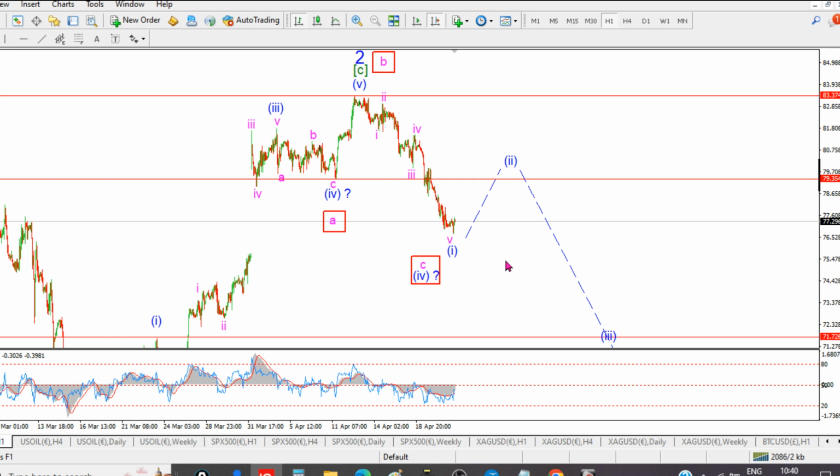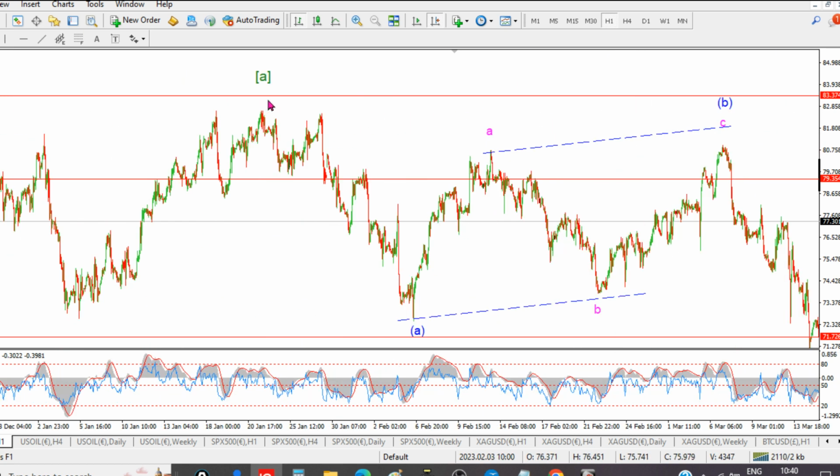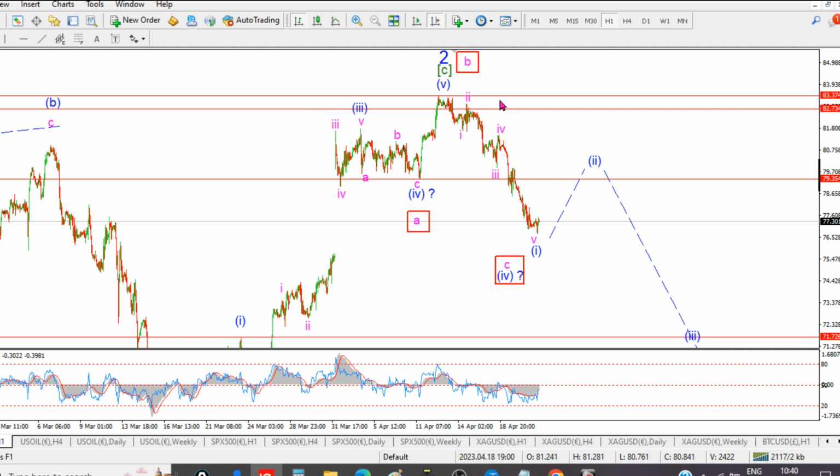A rejection, a slight break, let's say a completion of the minimum target for wave C by breaking the wave A high. Let's get a price on that wave A high. So 82.73 to 83.37. So about 70 points or so as a buffer there.